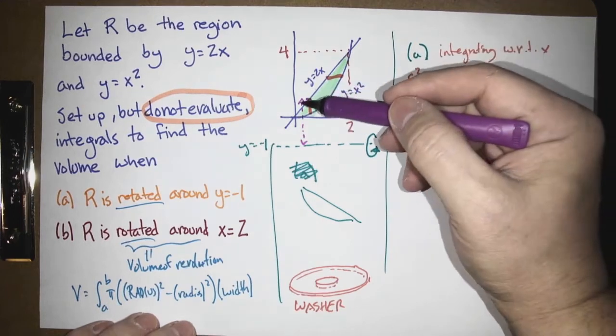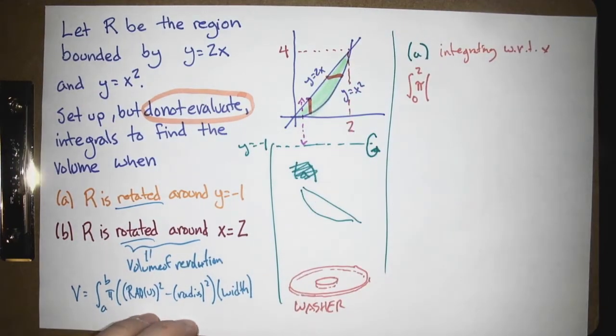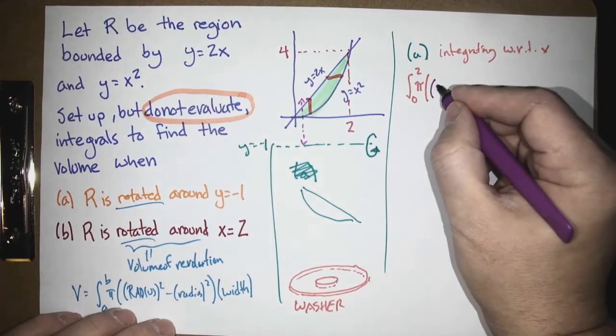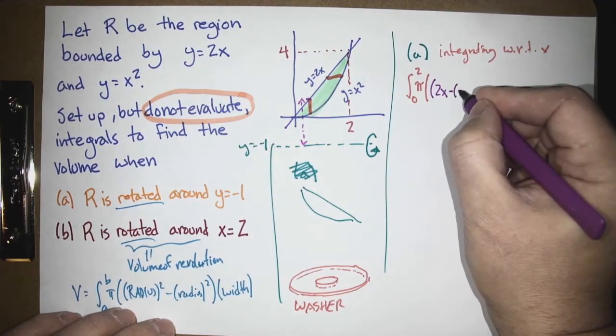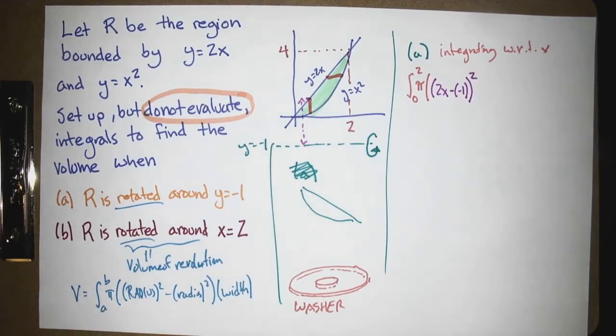So what's the distance from y equals 2x to y equals negative 1? It's 2x plus 1. Now you could also think of that as 2x minus negative 1 if you like. Since we don't have to actually evaluate it, I'll write it that way, just to emphasize you're taking the difference.